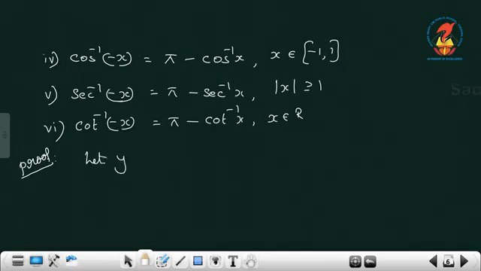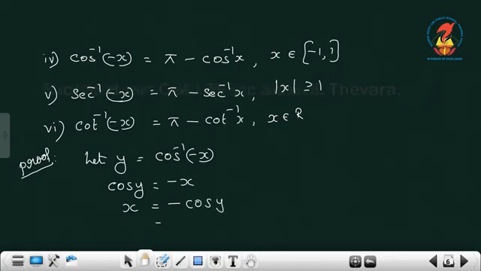Let y is equal to cos inverse minus x. Okay. So, when we take cos y is equal to minus x, or x is equal to minus cos y. This minus we can't take inside. Okay. Minus cos theta. Cos is negative in the second quadrant. Cos inverse range is the first two quadrants. So, minus cos theta we can write as cos of pi minus theta, pi minus y.